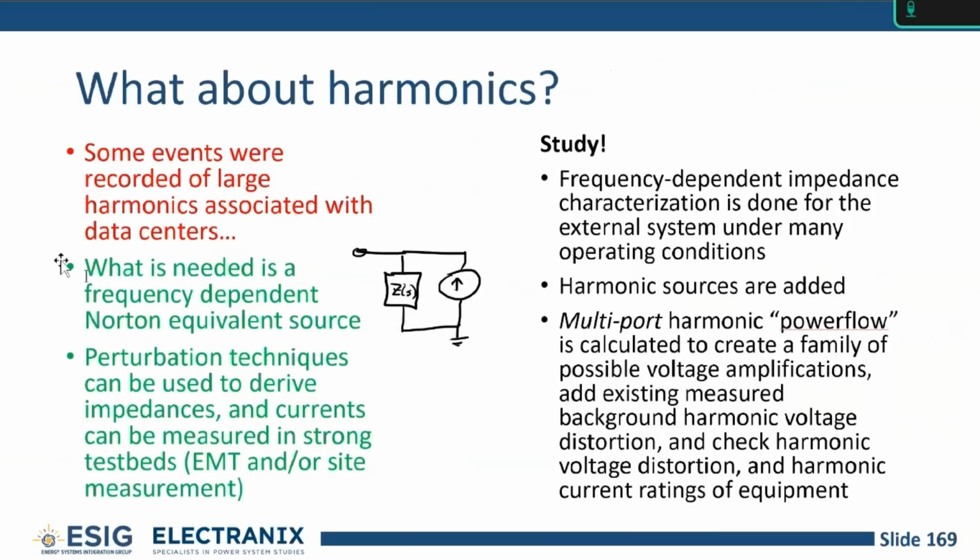So we need them to produce a frequency-dependent Norton equivalent source, which turns out to be a little bit hard to do. You can use perturbation techniques to derive impedances, and currents can be measured in strong test beds.